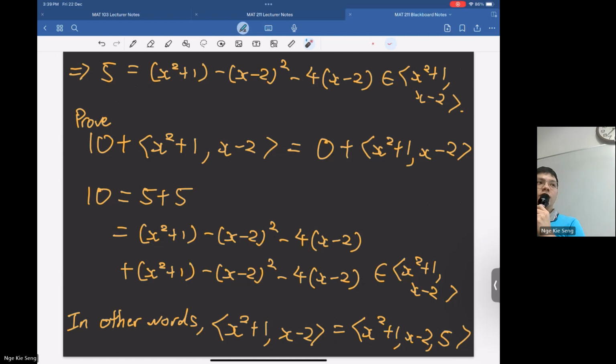Yeah, I think it's obvious, because something inside the ideal, then you add anything inside the ideal for this generator, it's also the same, right? Yes. Okay, so I think you are right.